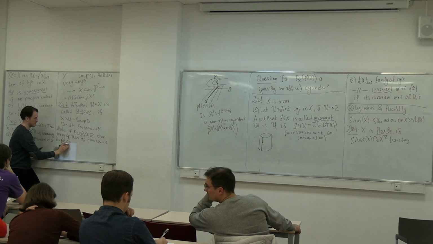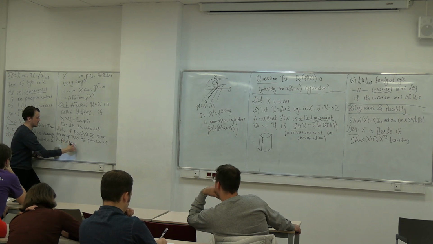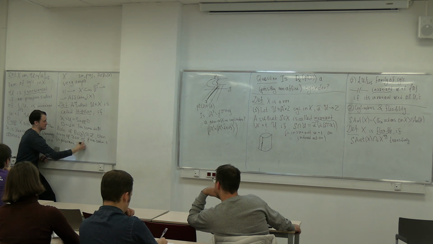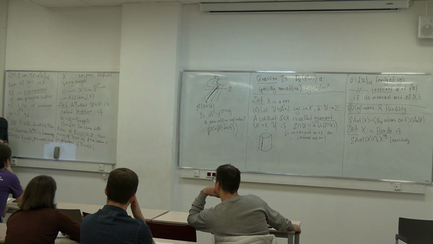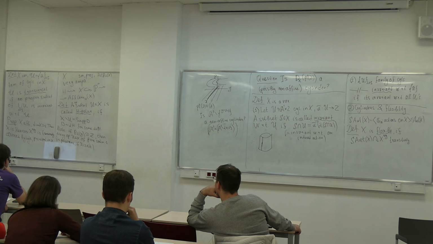In particular, if U is affine, there's this theorem that if you have an affine open subset in a smooth variety, then the complement has pure codimension 1.